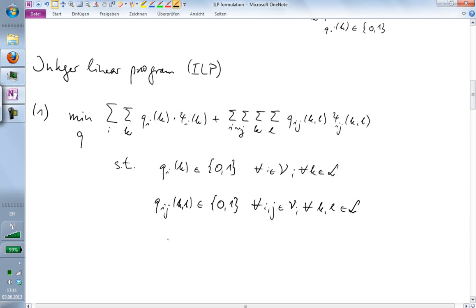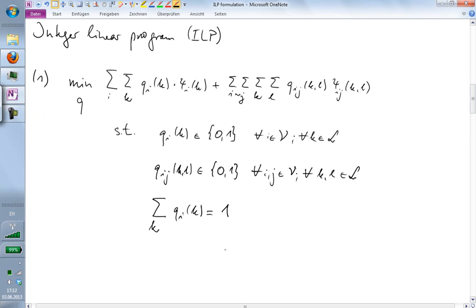And now come the more interesting ones. I want just one of the indicator variables associated with a single side to be switched on. And now comes a more interesting one.